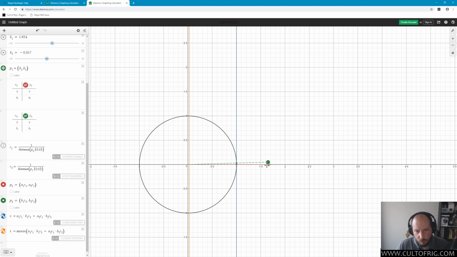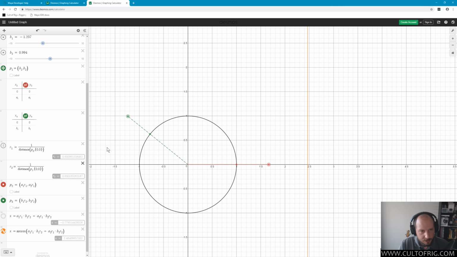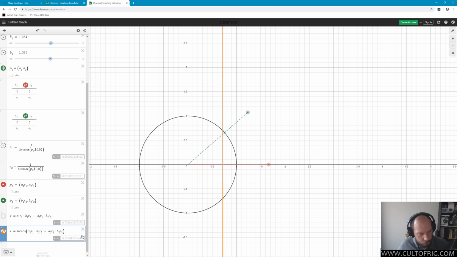So you can see that when they are aligned, it's at 0. Then as the two come apart, let's hide that one. As the two come apart, you can see the value increasing, right? And in fact, you can do some things to show. So here's the thing, you can do inequalities as well.